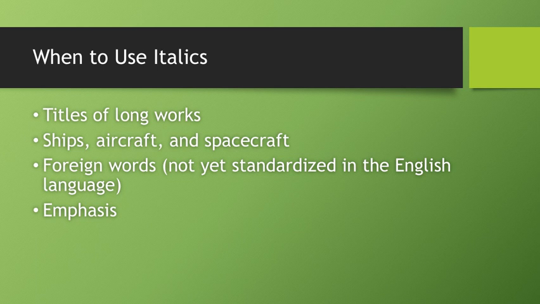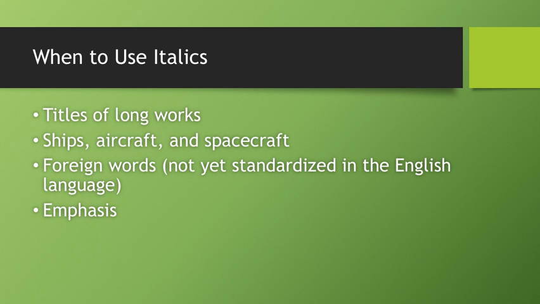Now we obviously don't use typewriters anymore, and almost every program that we use is smart enough to have italics. So it's pretty much a non-concern at this point, and you should just always use italics instead of underlining.